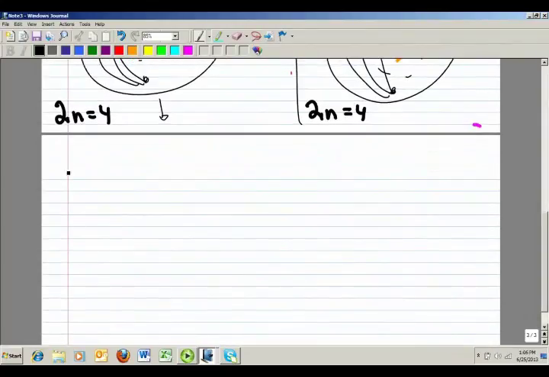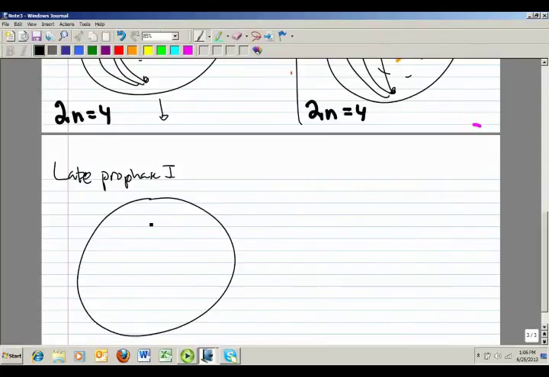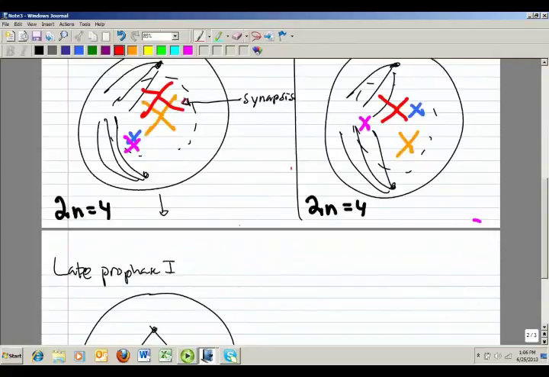Okay, so this is going to be late prophase 1. Late prophase 1, we've lost the nuclear envelope. I'll just do 2 of these. We've lost the nuclear envelope, and our paired chromatids have switched spots. I'm going to do this by erasing so you can see. So what happens is these 2 places are going to switch.